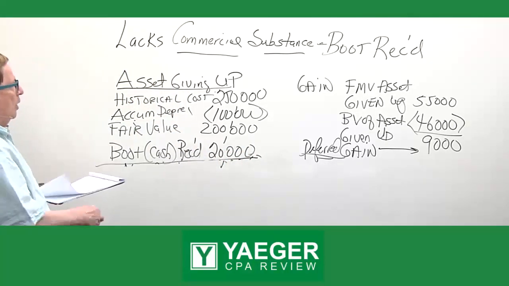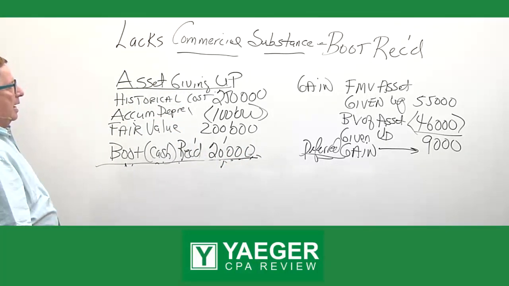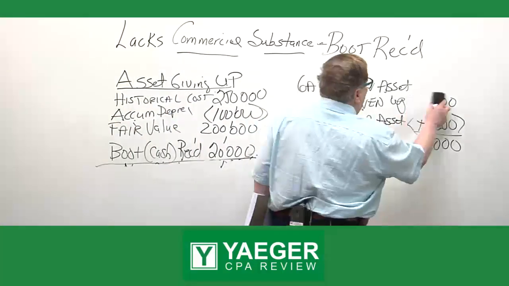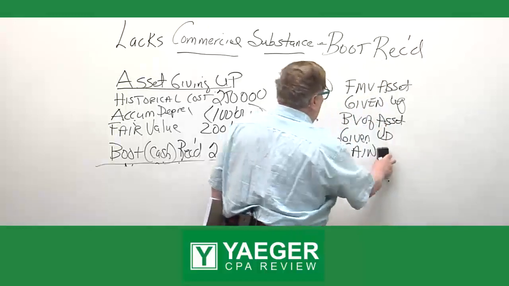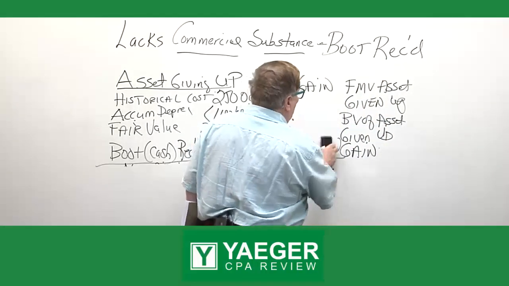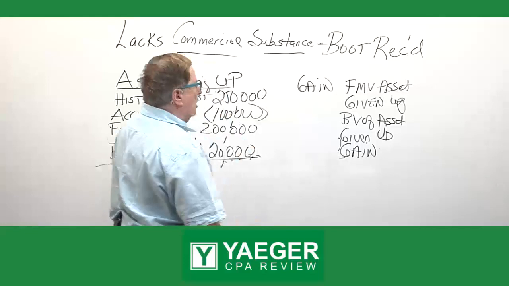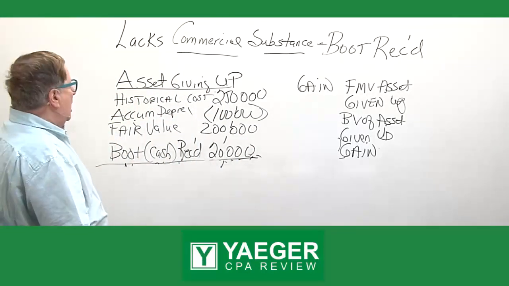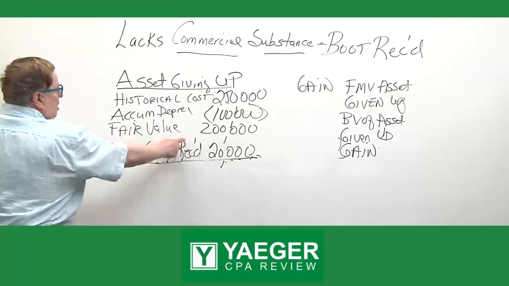All right, now, here we go. Let's calculate the gain or loss. With the asset given up, we take the fair market value of the asset given up to calculate the gain or loss, and the fair market value of the asset given up is $200,000.